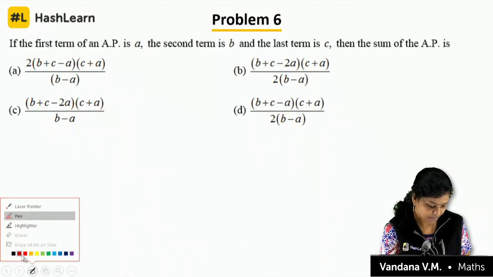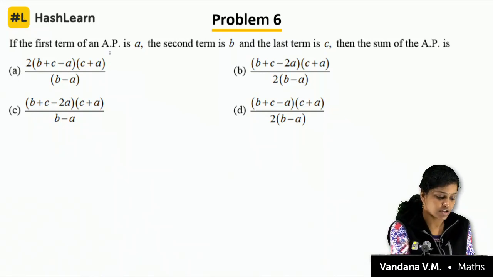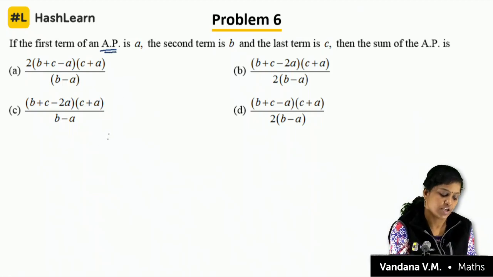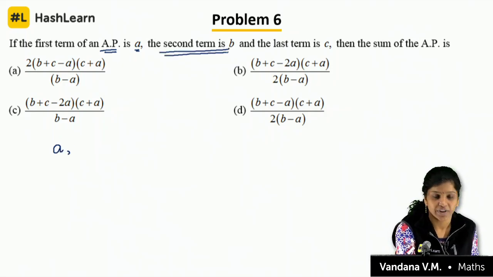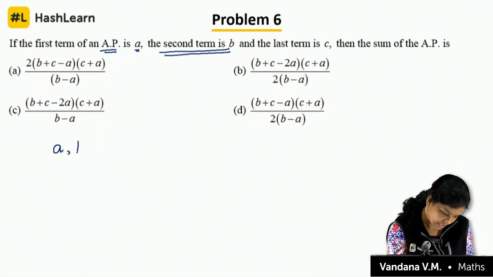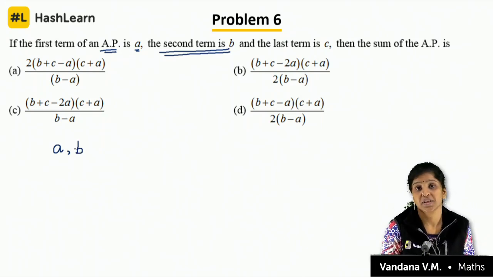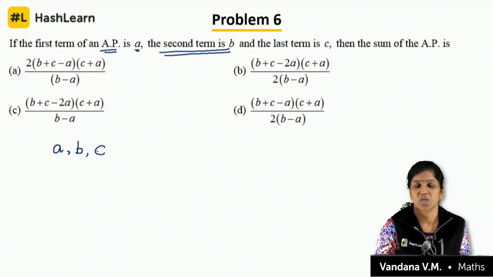Very interesting. Please observe. The first term of the AP, the arithmetic progression, is A. Second term is B. The last term is C. Don't write C as a third term, we don't know which term it is.